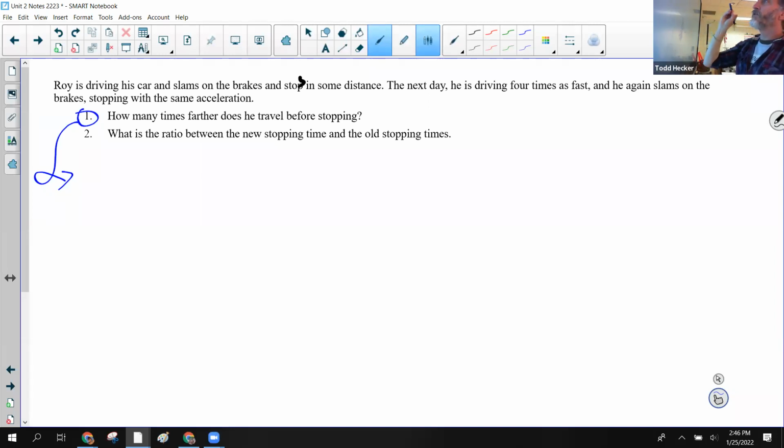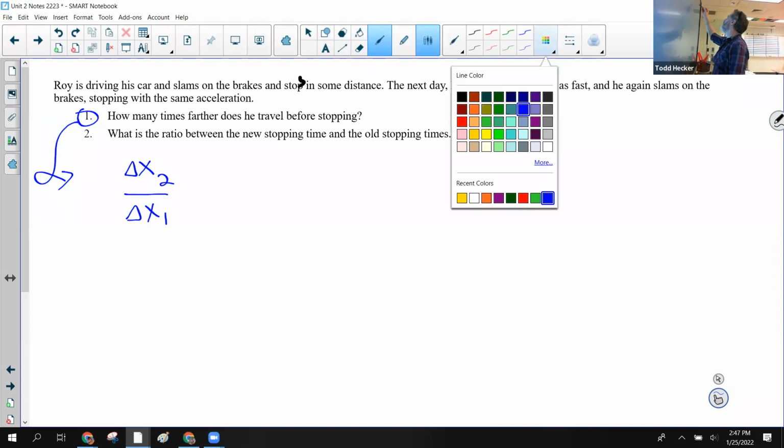So if I consider my stopping distance, delta x, I'm looking for the stopping distance on day 2 divided by the stopping distance on day 1, right? In other words, if the stopping distance on the second day is twice as big, then this ratio will be 2, right? That's what I'm trying to figure out. So the crux of this is there are 2 days.